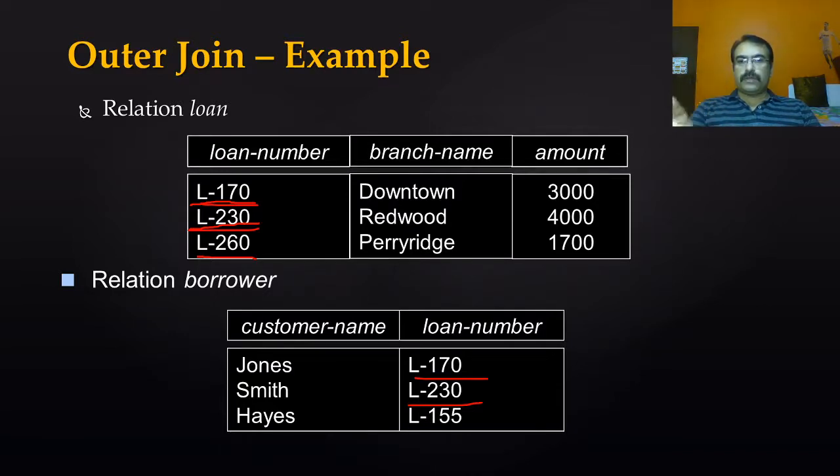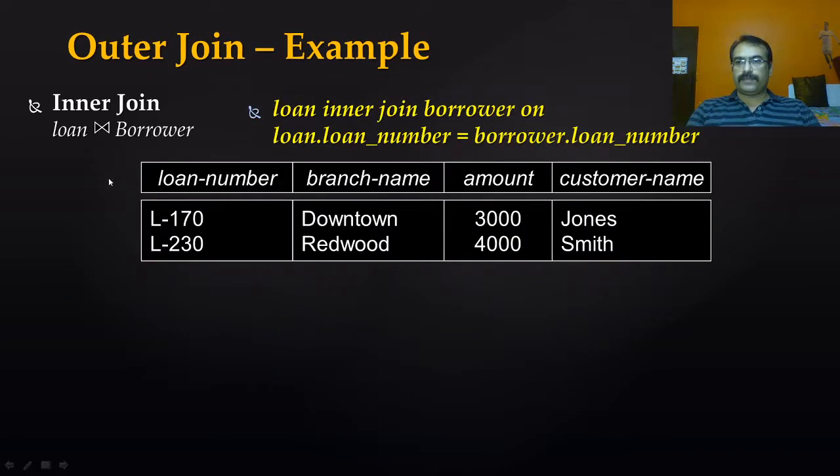Okay, so if I am producing a natural join or inner join, only the common tuples will be present in this way. Okay, loan inner join borrower. Loan inner join borrower is equivalent to the natural join. So here you can see L170 and L230 are presented. Their branch names, their amounts, and their customer names are also presented.